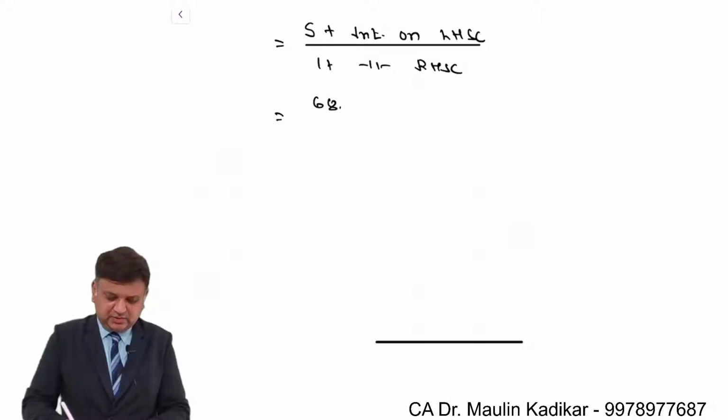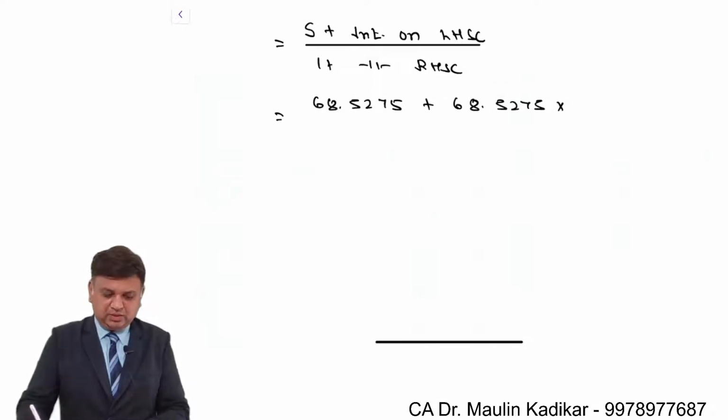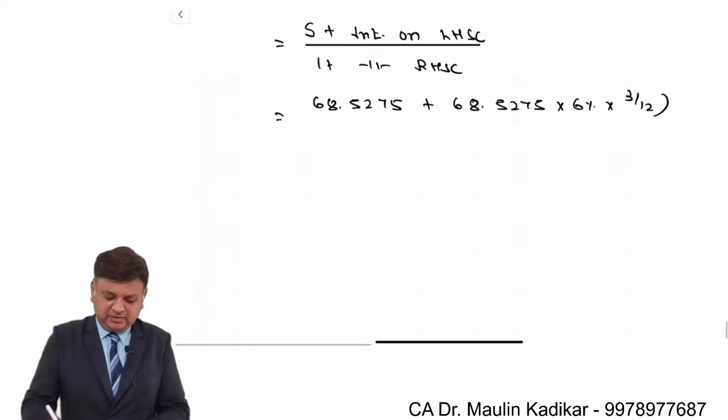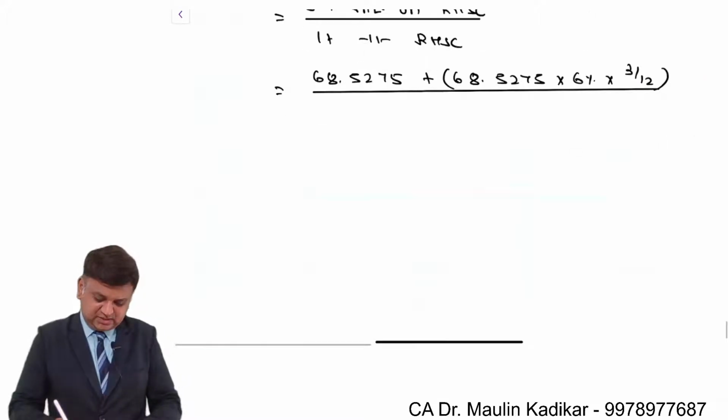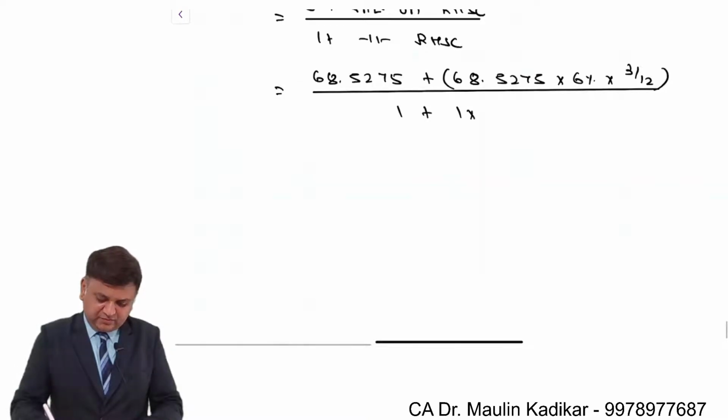Spot is 68.5275 plus 68.5275 into 6 percentage into 3 divided by 12, whole divided by 1 plus 1 into 2% into 6 divided by 12.